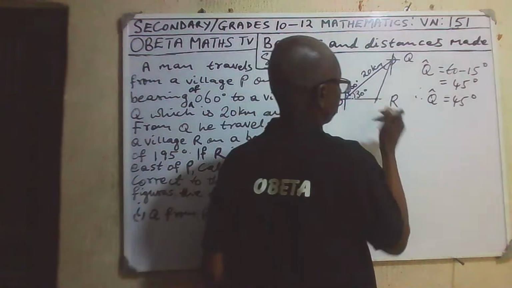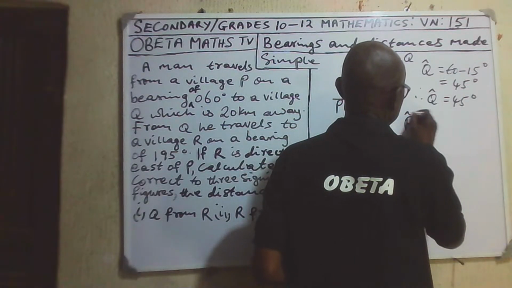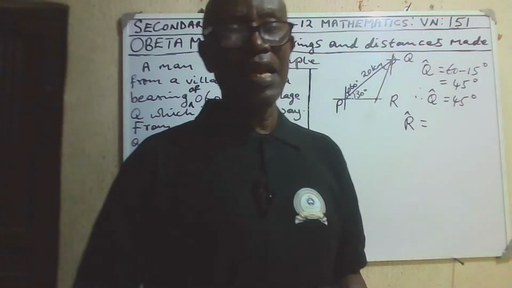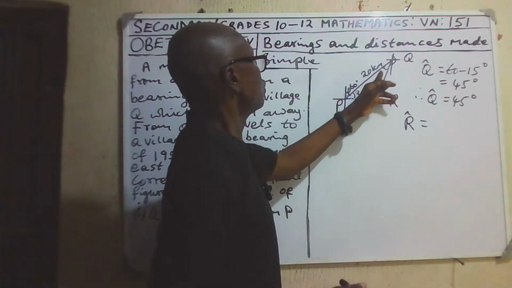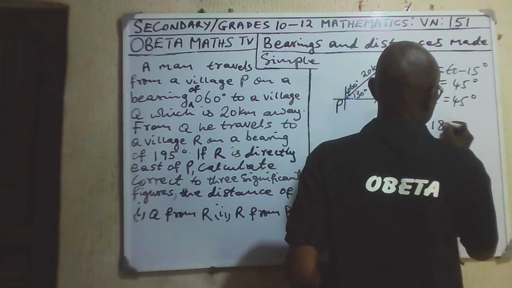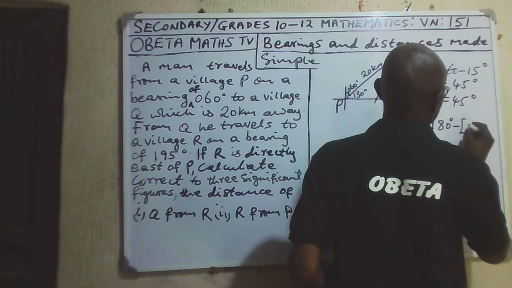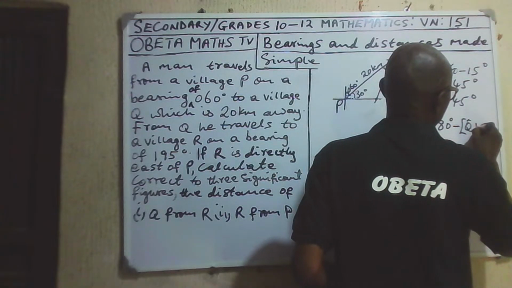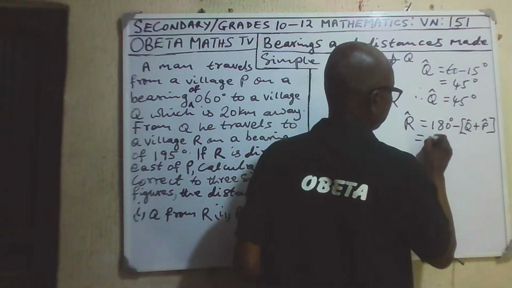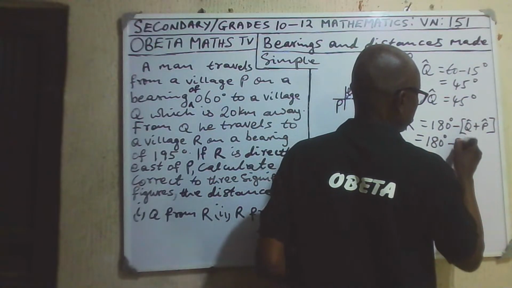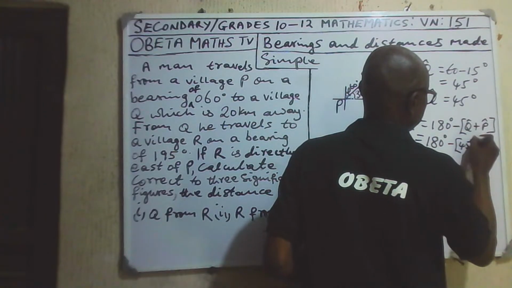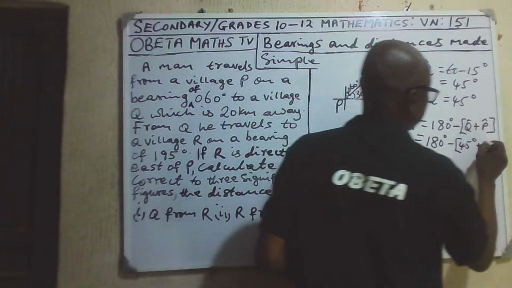How do we find R? Angle R should be equal to 180 minus the sum of the other two angles, since the sum of angles in a triangle is always 180. So angle R is 180 minus angle Q plus angle P. That is 180 degrees minus, our Q is 45, while our P is 30.